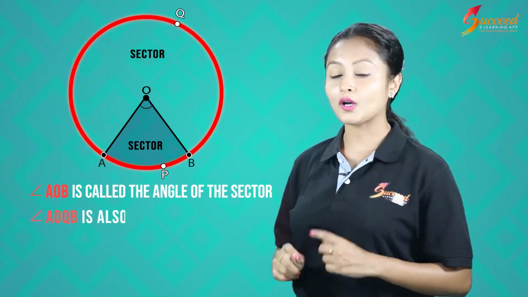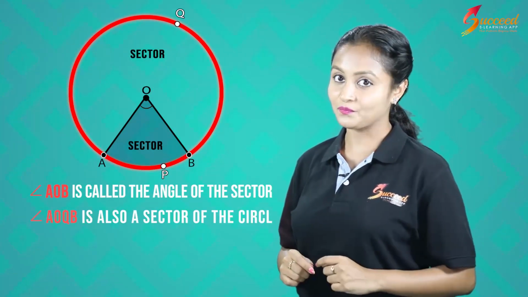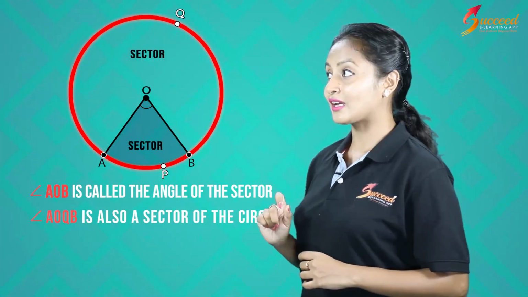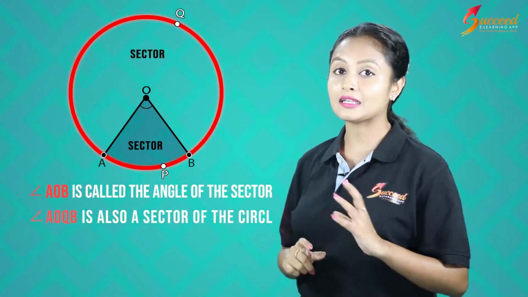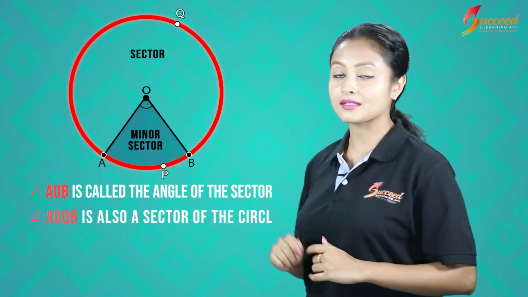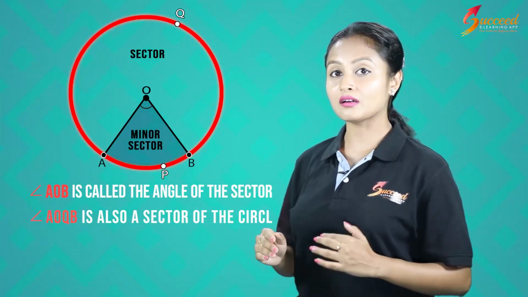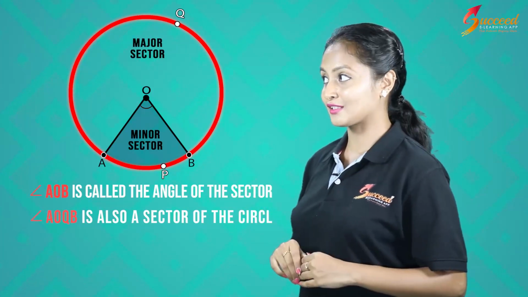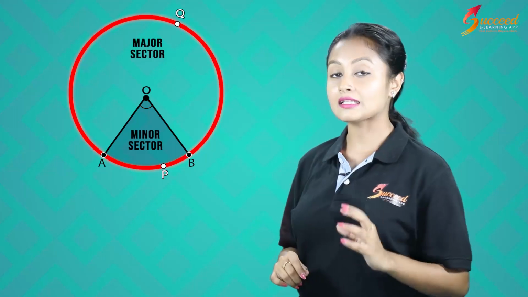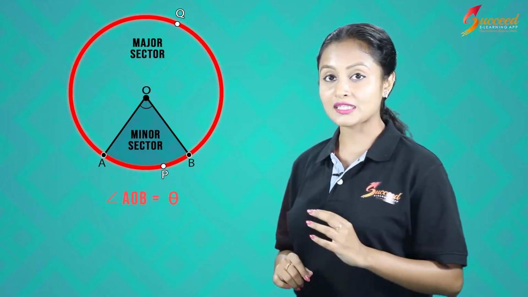If you closely observe, AOQB is also another sector of a circle. Now, what is the difference between these two sectors? One of it is smaller than the other. The sector which is smaller is called as minor sector, and the sector which is bigger is called as major sector. The angle of the minor sector is considered as angle AOB, which is theta.